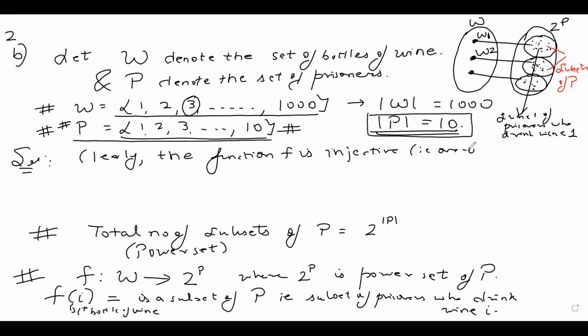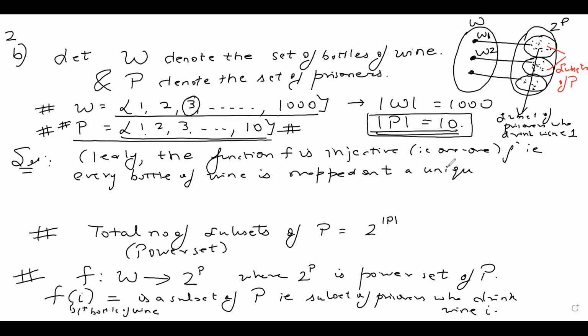That is, it's a 1-1 function. That is, every bottle of wine is mapped onto a unique subset of prisoners.